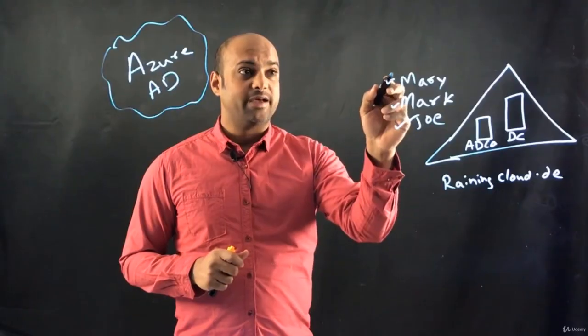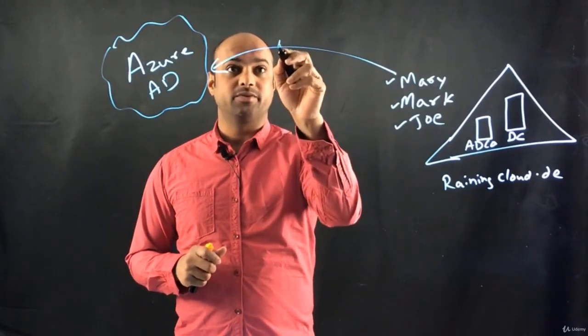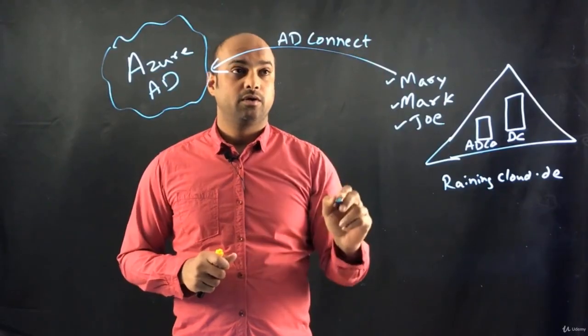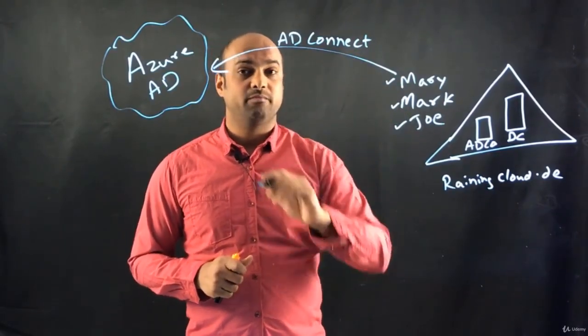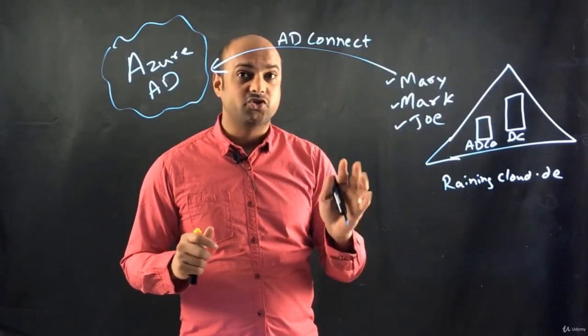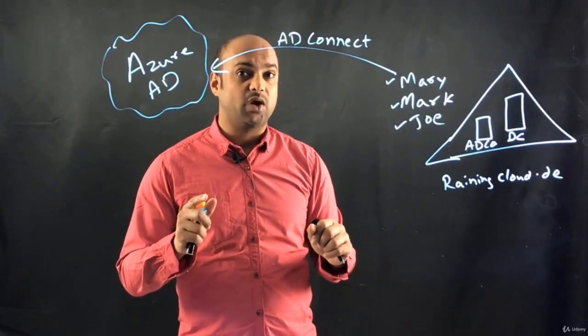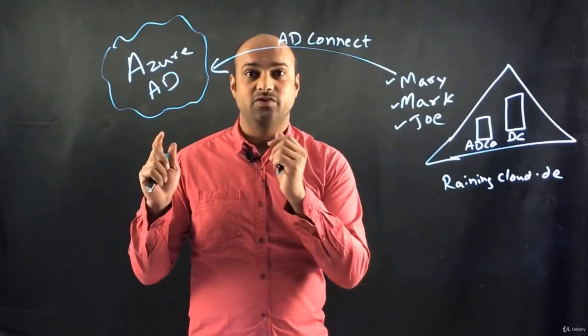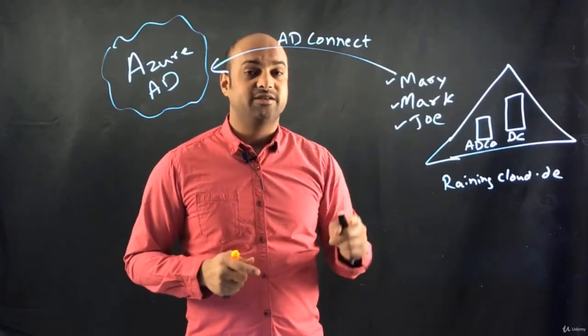So once everything is set up, you will be able to do a synchronization between the identities. Remember that this synchronization is not two-way, it's just one way. So when users are created on your premise, they get synchronized to Azure AD and not vice versa.